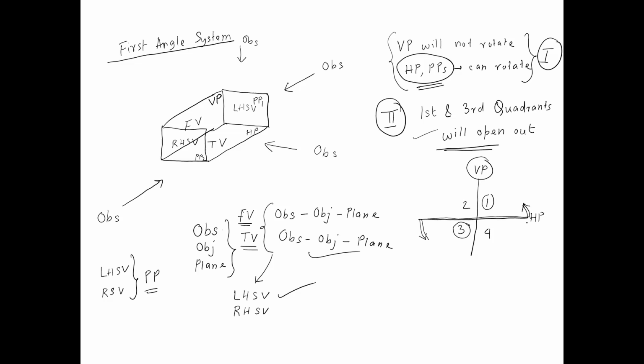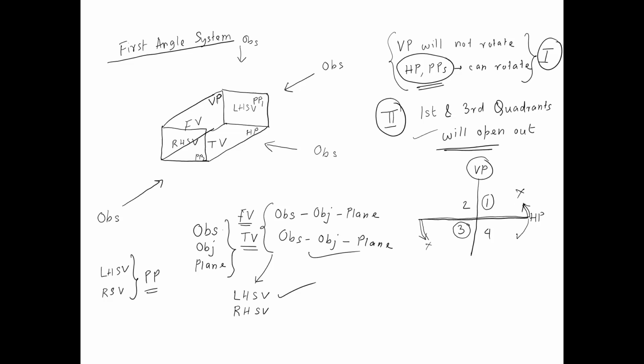So if I rotate the horizontal plane like this, the first and third quadrants will get closed. When the rotation is complete to an angle of 90 degrees, the angle in the first quadrant will vanish, and so will the angle in the third quadrant. So this direction of rotation is not correct.